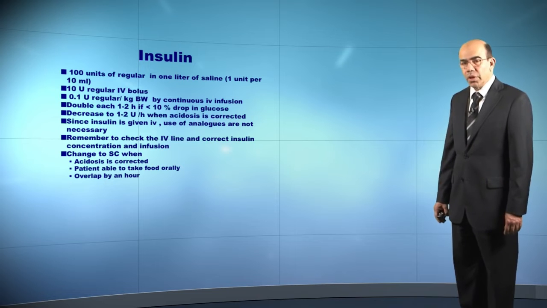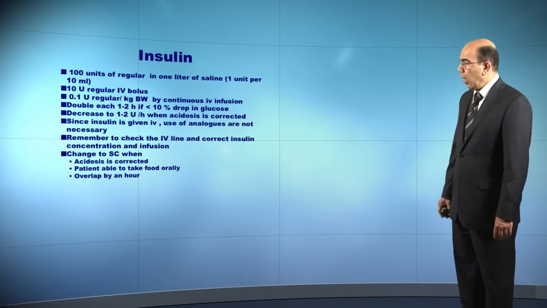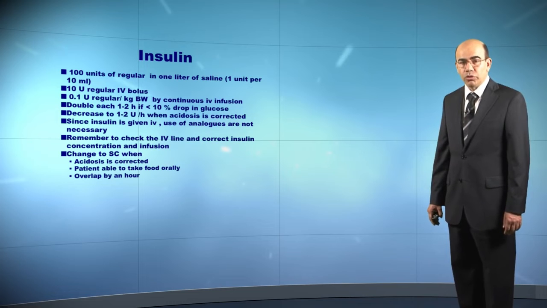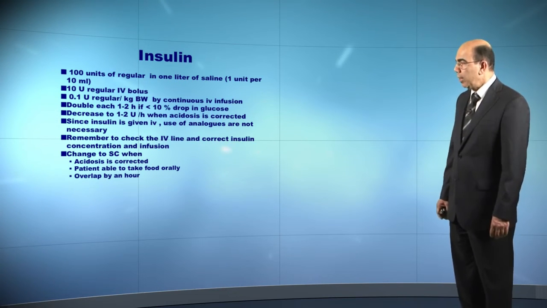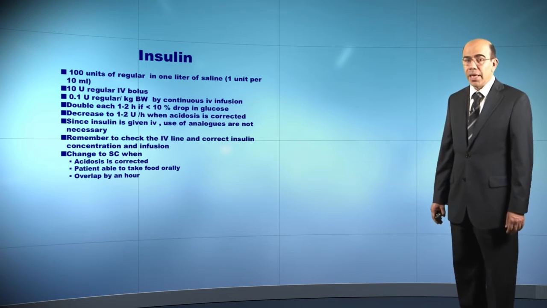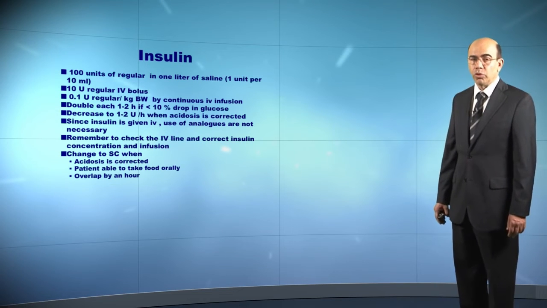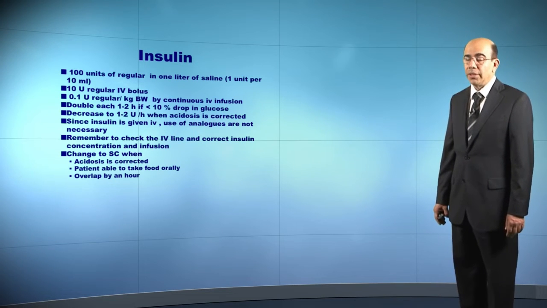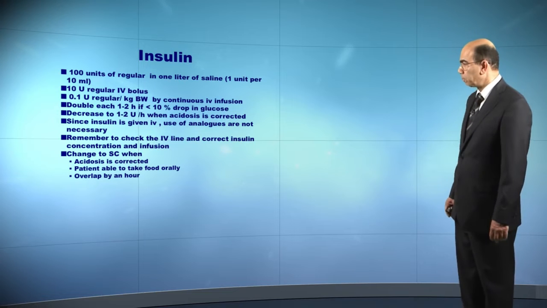Once DKA is resolved, one can change to subcutaneous insulin administration, usually when acidosis is corrected and the patient is able to take food orally. If the patient is unable to take food for whatever reason, then we continue the insulin infusion until that patient is able to take oral food.